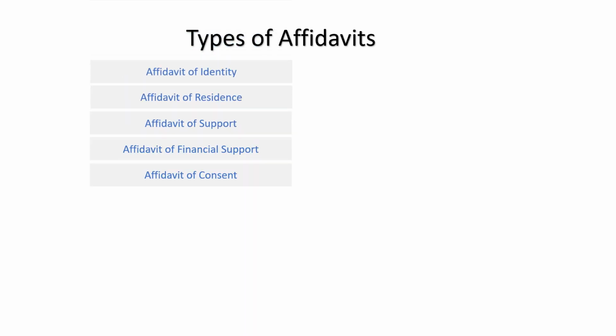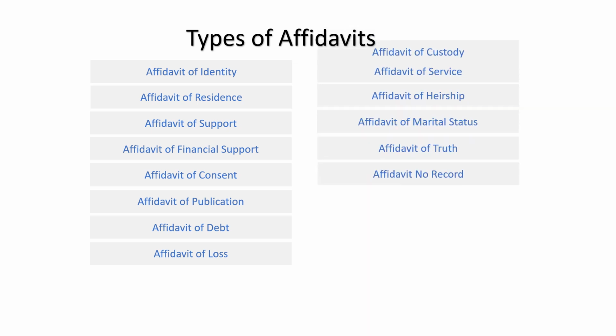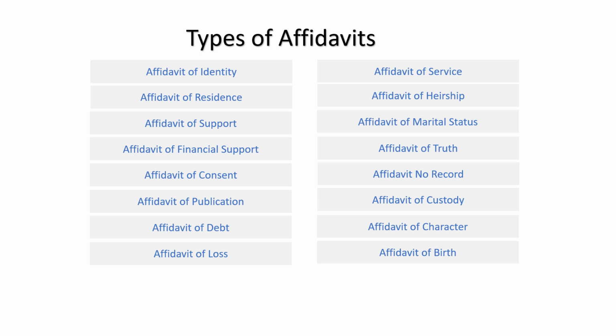But I will show the other types of affidavits: affidavit of identity or residence, affidavit of support, financial support, affidavit of consent, publication, debt, affidavit of loss, affidavit of service, heirship, marital status, truth, affidavit of no record, affidavit of custody, affidavit of character, and the last one, about which I want to describe the process of how we organize the notarization of an affidavit of birth.